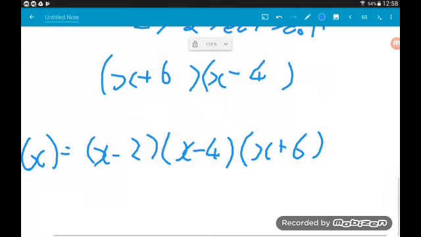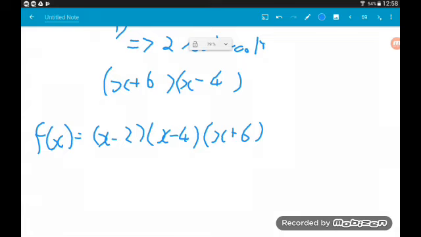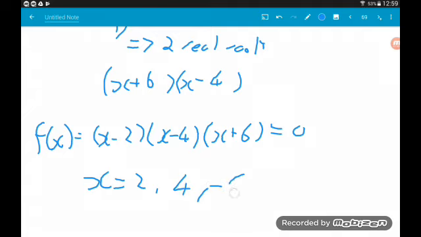Now our solutions to f of x equals 0 are x equals 2, positive 4, and negative 6. Good times. Okay guys, that's it for this video. Like I said, I think I'm going to do one more video on more questions like this, because they are big and tricky.